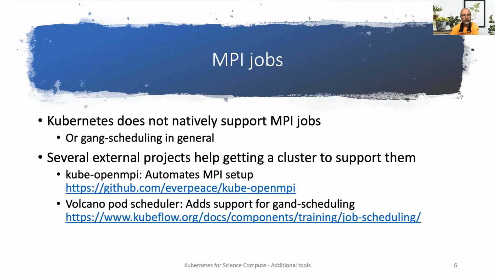And then there is the Volcano pod scheduler that allows gang scheduling, which means essentially all or nothing scheduling instead of trying to start one pod at a time. I don't think either is completely mature yet or very widely deployed, but they do provide many of the features that you would need in order to run MPI jobs.